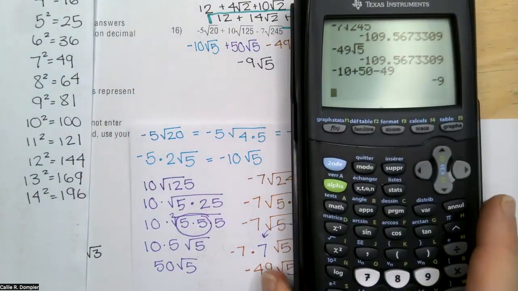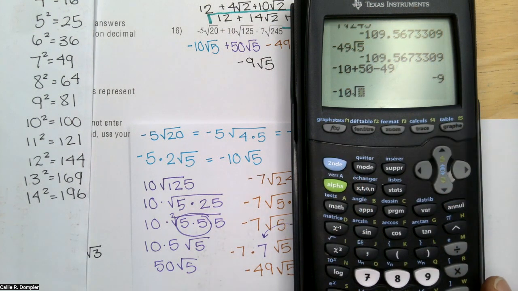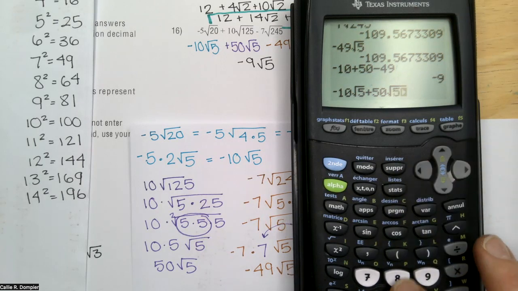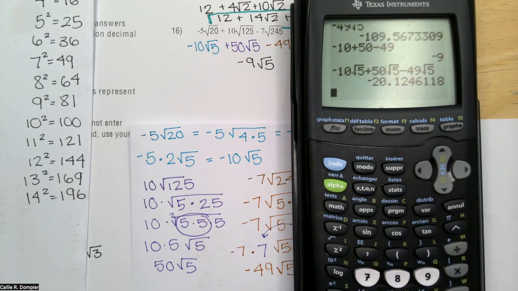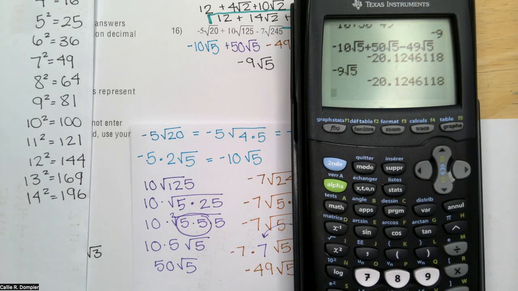You could also just put it in your calculator. It won't work because it won't be in the right form, but negative 10 square root of 5 plus 50 square root of 5 minus 49 square root of 5 gives me that number, right? And then negative 9 square root of 5 also gives me that number.